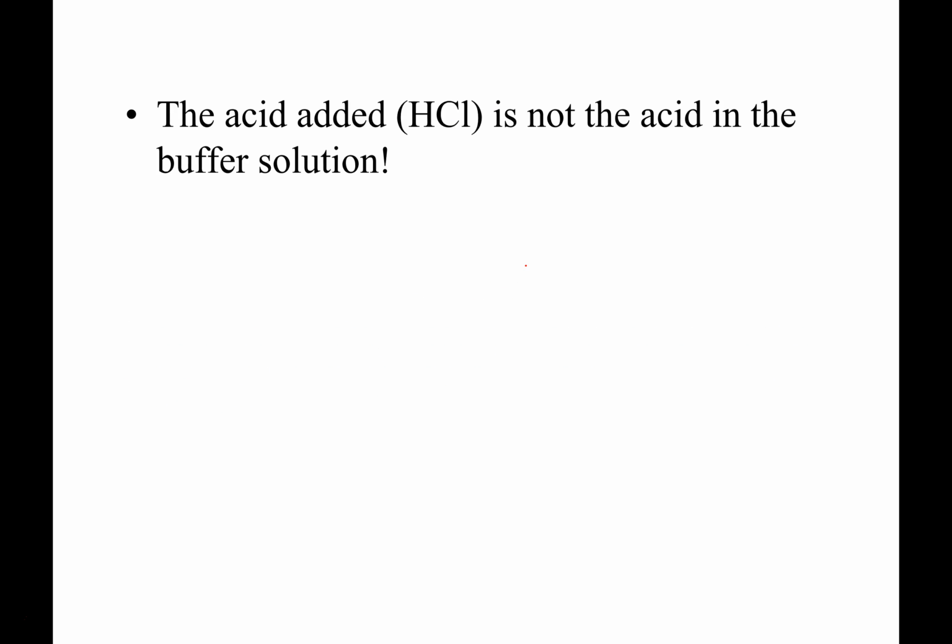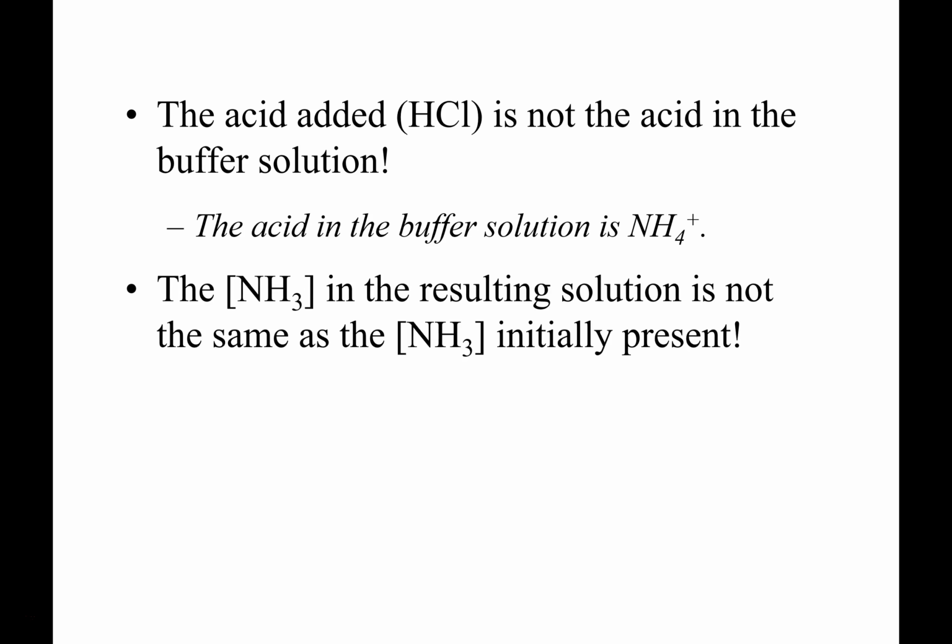What's going to make that conversion is the strong acid, HCl. So here's a warning, and you'll probably see something like this on a test: the HCl doesn't appear in the Henderson-Hasselbalch equation because it's not the conjugate acid. It's helping to form that acid. The acid that we're going to make by reacting NH3 with HCl is NH4 plus.